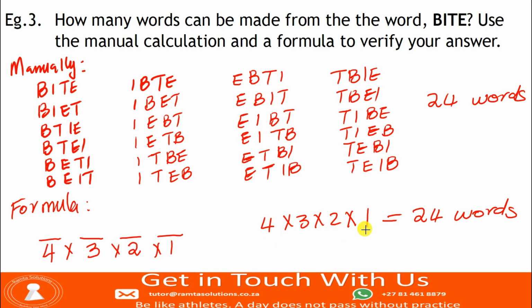For the fourth event, you have 1 outcome. It's still counting principle. So this is how you work around these. Remember, this is introducing what we call factorial notation, which you are going to see shortly.